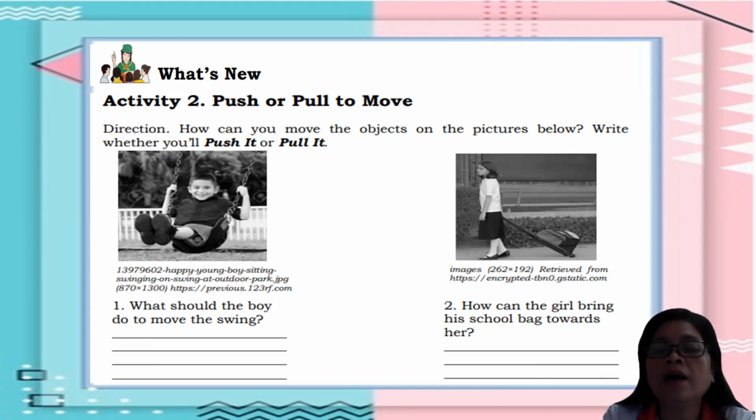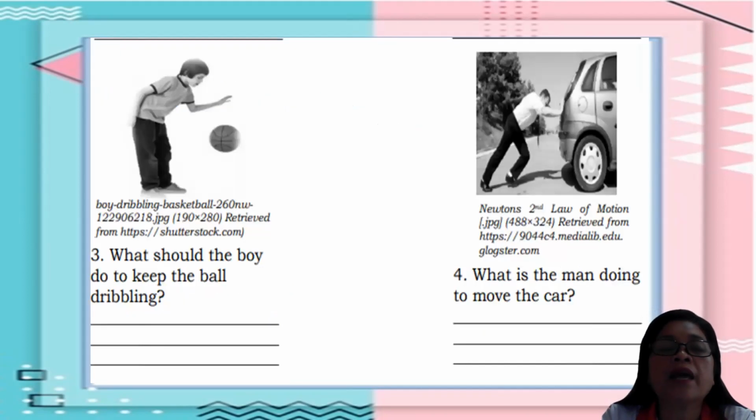Number 2, how can the girl bring her school bag towards her? All right, pull it. Number 3, what should the boy do to keep the ball dribbling? All right, the answer is push it.